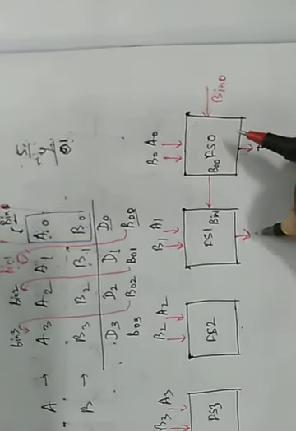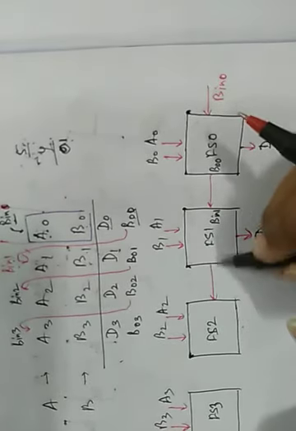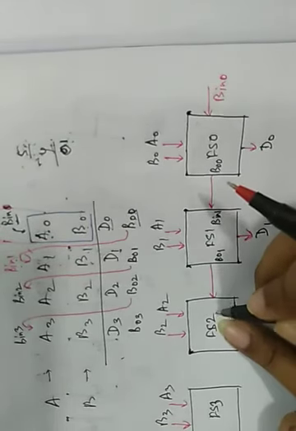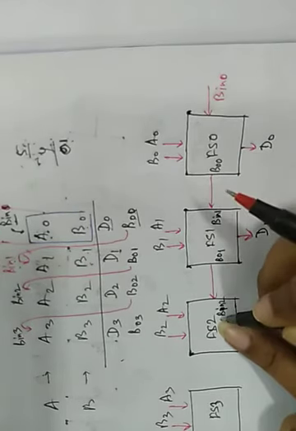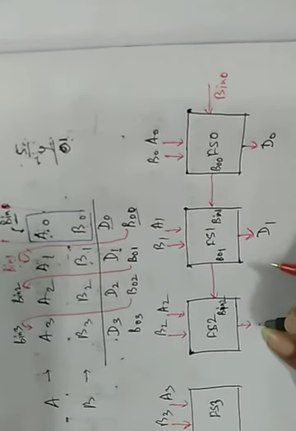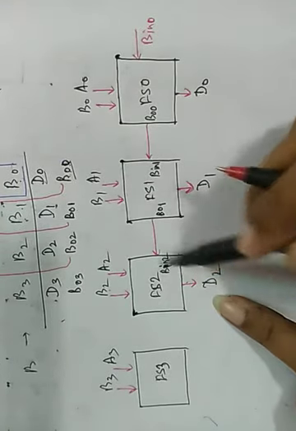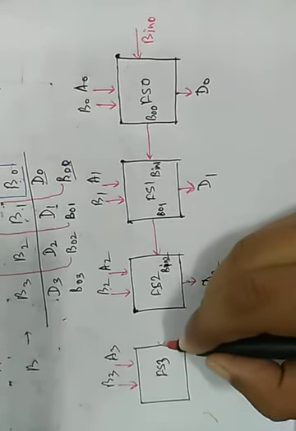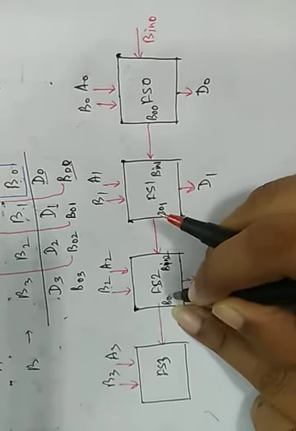Okay, now here again, after doing the operation on 3 inputs for full subtraction, 1 borrow in and the 2 numbers, this is D1. Again it gives 2 outputs. One is borrow out 1. This borrow out 1 goes as the borrow in 2 in the next full subtractor. This is D2. Again, after doing the operation on B2, A2 and B in, we get one difference D2 and one B out 2.